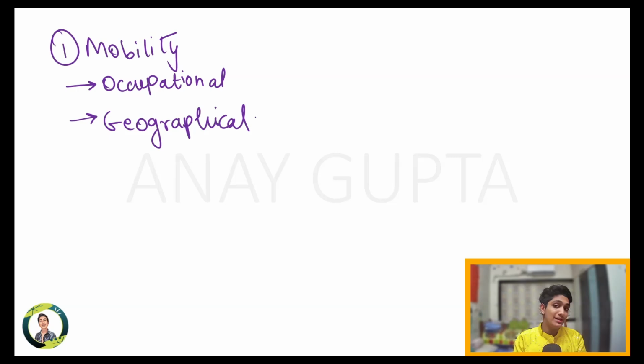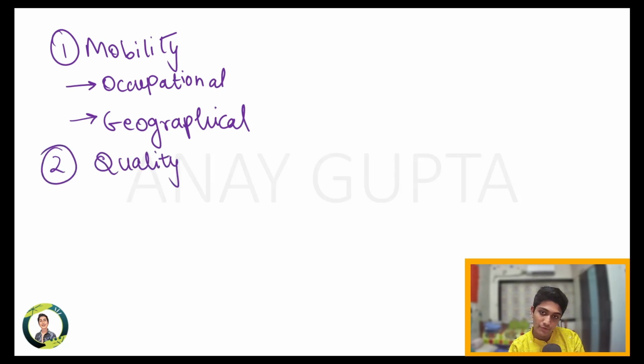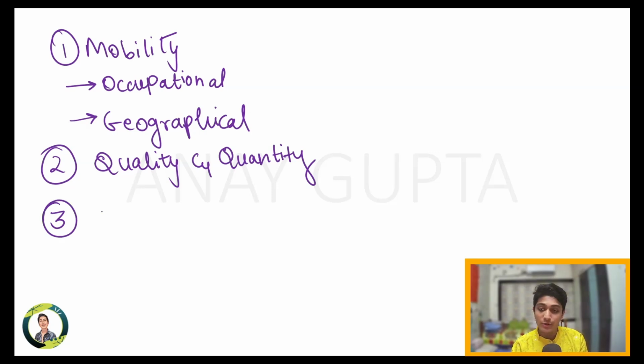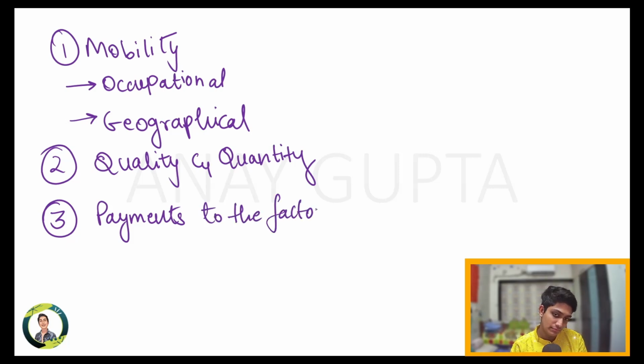So geographical mobility is can the factor of production be moved from one place to another. Okay, so we're going to talk about that. Alongside that, we're also going to talk about the quality and quantity, and how that of the factor of production can be changed in the real world. And we're going to talk about the payments to the factors of production. Right? So that is what we are going to be discussing in this entire chapter.